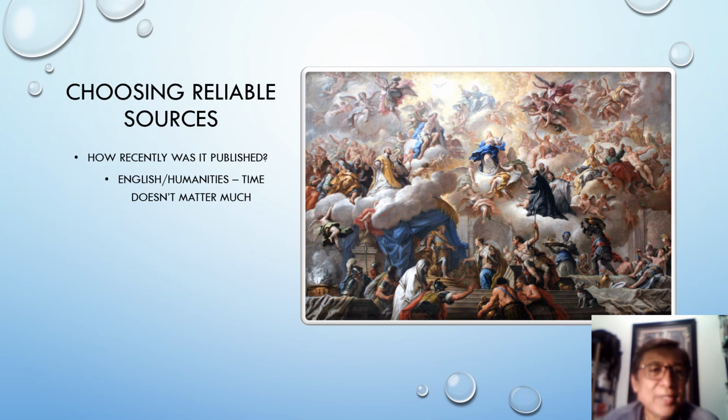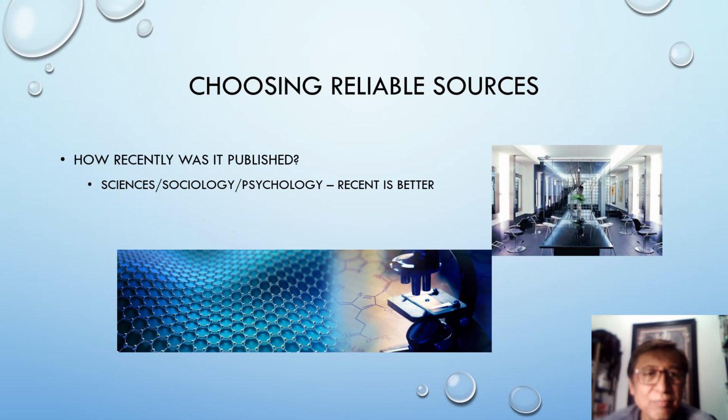Okay. Another question I want to ask as far as choosing reliable sources is how recently was it published? Obviously, in English and the humanities, the time frame doesn't matter that much because English and the humanities areas don't change. They're more historical documents, that kind of thing. So I wouldn't worry about it too much.